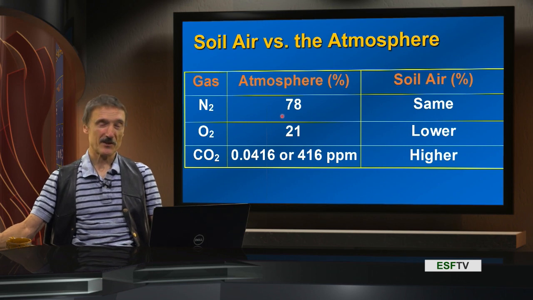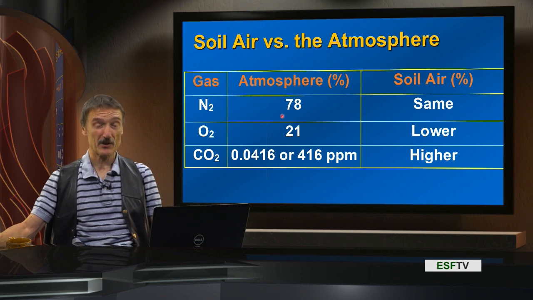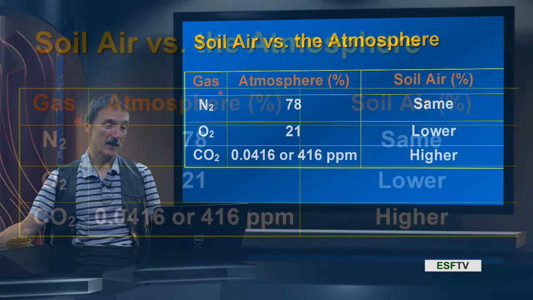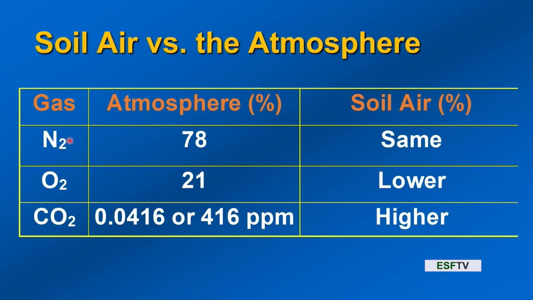So we go to soil aeration. And probably a good place to start is thinking about the concentration of the gases in the soil as well as in the atmosphere. If we look at this graph, it shows the concentration of the three big gases, nitrogen, oxygen, and CO2, and their partial pressures in the atmosphere.